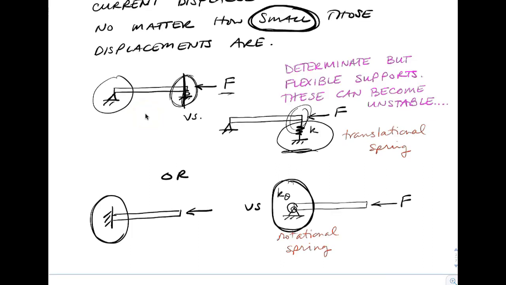Springs are often used when analyzing a building for dynamic loading, most likely earthquake loading, to understand how the soil and the structure interact. The soil stiffness will be modeled with a series of translational springs and rotational springs, as the ground is not infinitely rigid when we put a building on it.